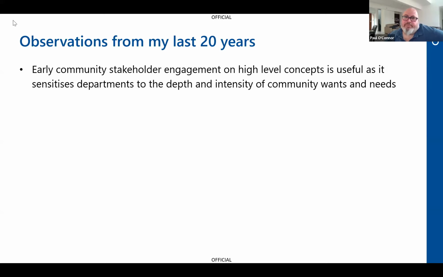But I think it also helps the departments or the sponsoring agencies to become more sensitized to the depth and intensity of the community's wants and needs. Let's use the example of a new hospital in Melton.